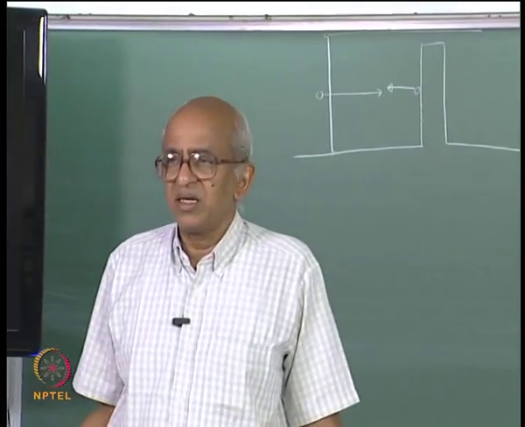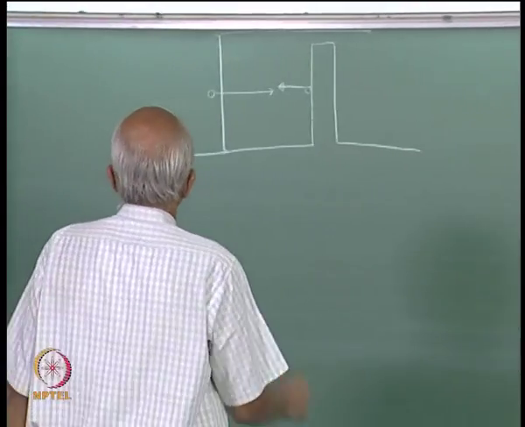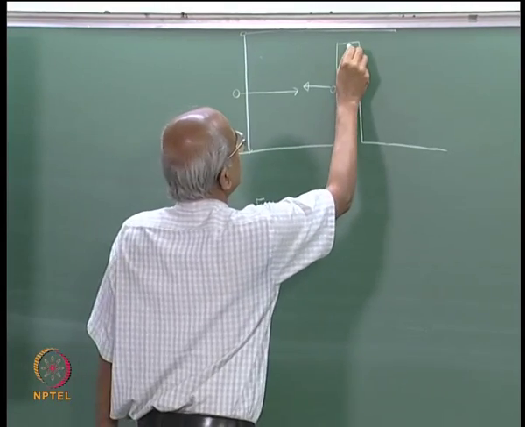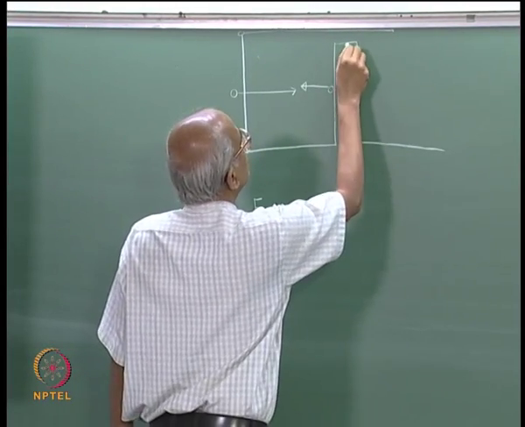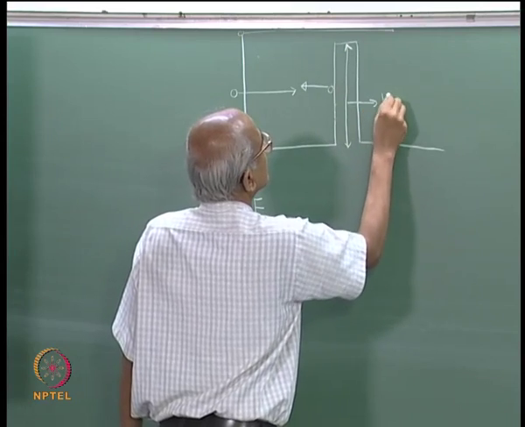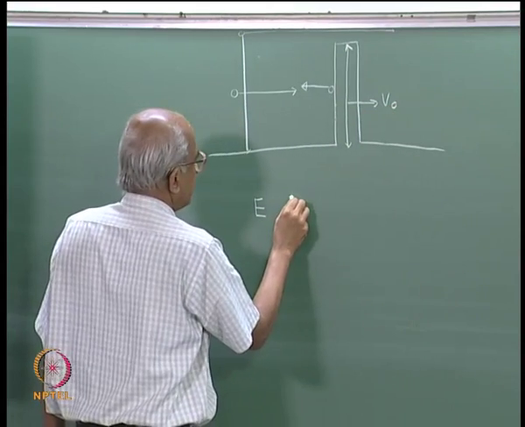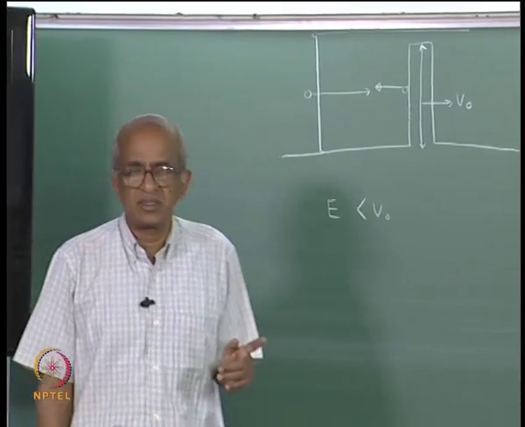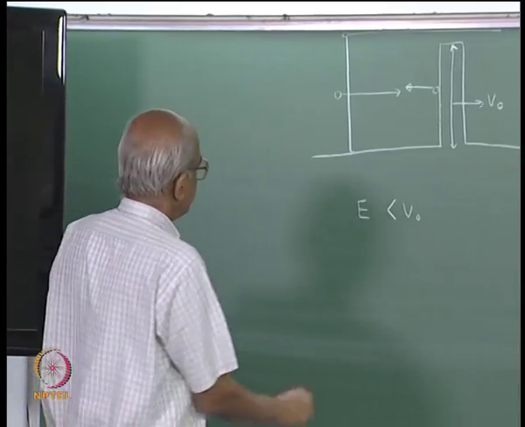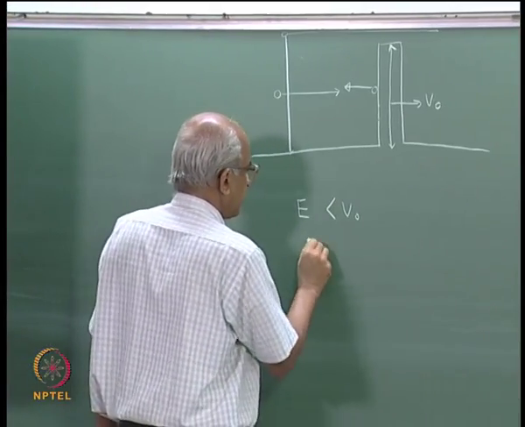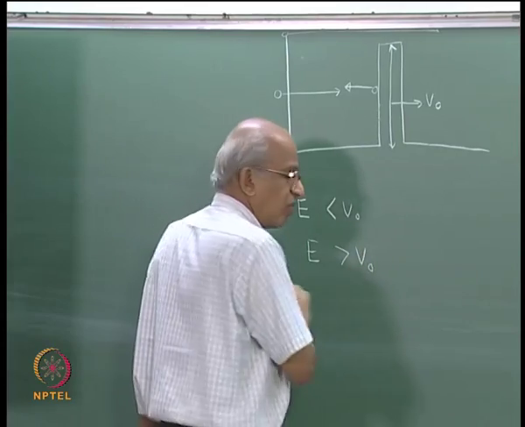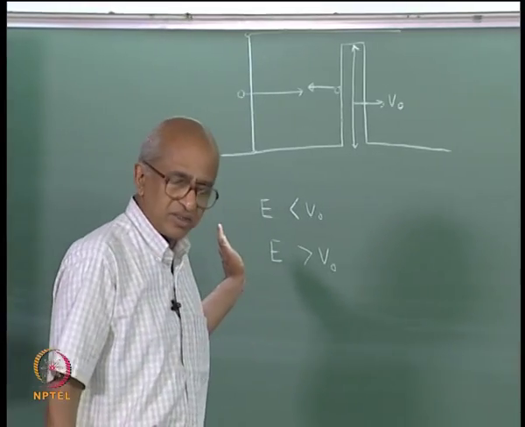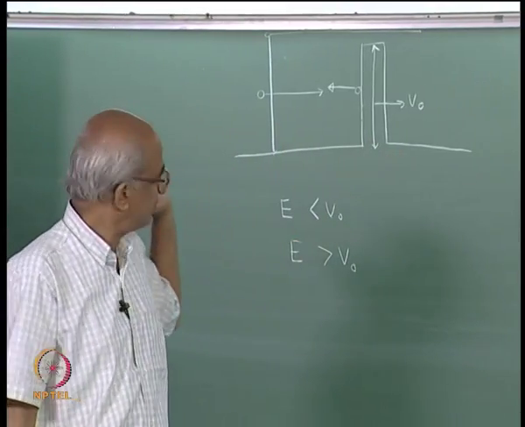So classical mechanically, if the energy of the particle, which I may say is E, and if you say that the height of this barrier is V0, now if E is less than V0, the particle is always reflected, and if the energy of the particle is greater than V0, the particle is always transmitted. It just goes from the left hand side of the barrier to the right hand side.